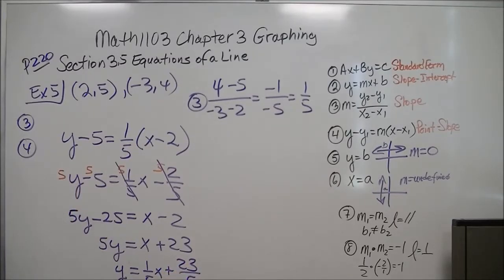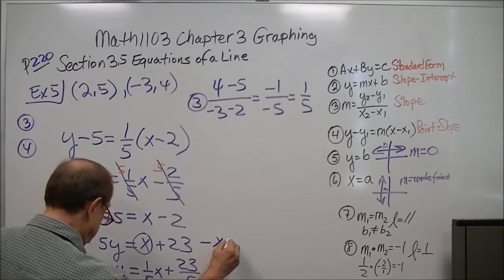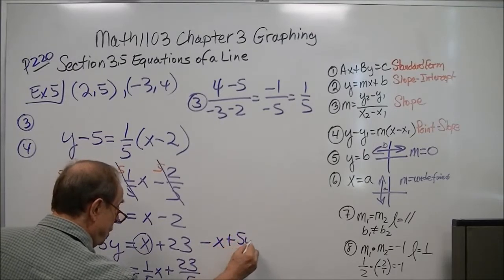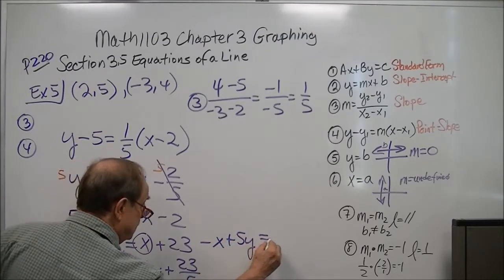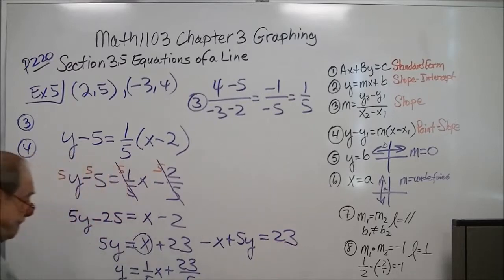And if I want to put it in standard form, I just take this term, move it over there, and I get a negative x plus 5y equals 23. Now this is a good case where sometimes in some books they didn't want the first term x in standard form to be negative.